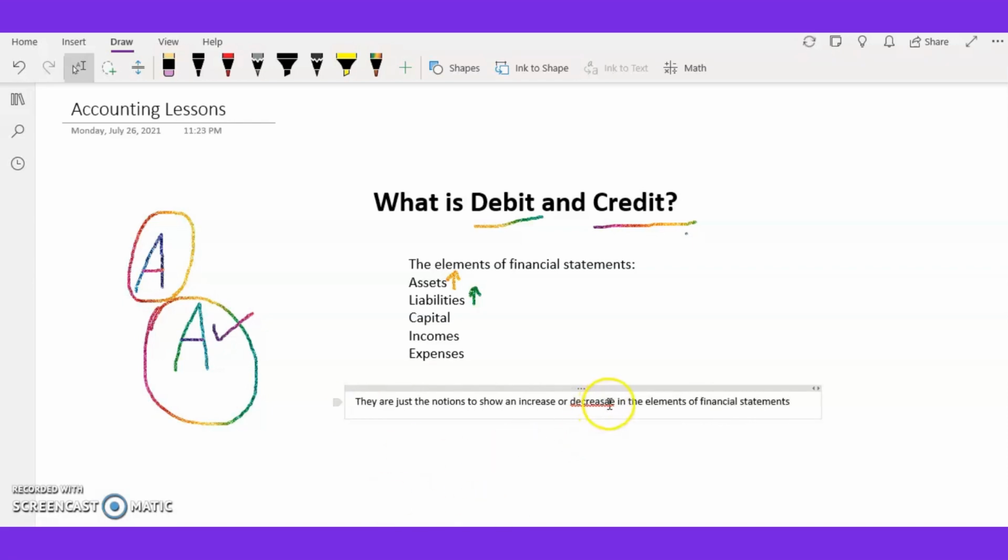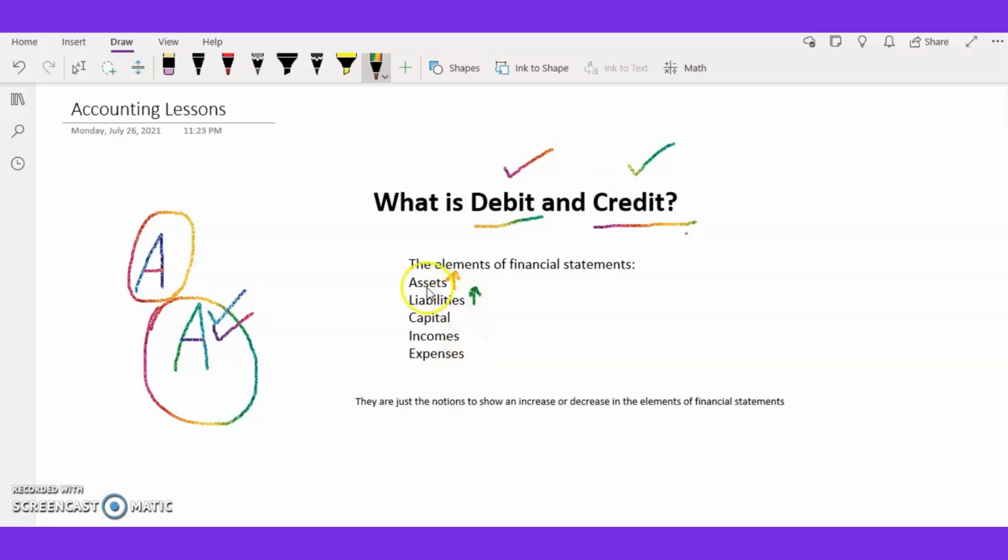Like this A is a notion to tell that it's A. It has no meaning in itself because somebody called it A, we call it A, right? So in the same manner, the person who invented accounting invented these 2 terms and used them as the notions to show an increase or decrease in the elements of financial statements.